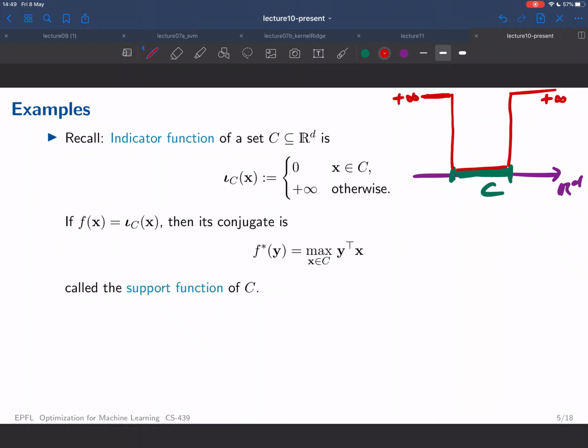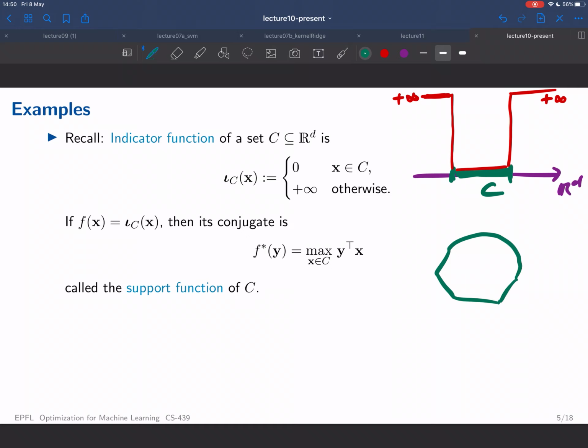And what can we do with this? It's very natural for taking conjugates, because the conjugate of such an indicator function has a very simple structure. What this is, if you look at it, is just taking the maximum of a linear function over the set. Maybe if you have seen linear programming, then this is particularly natural to you. Maybe your set C looks something like this.